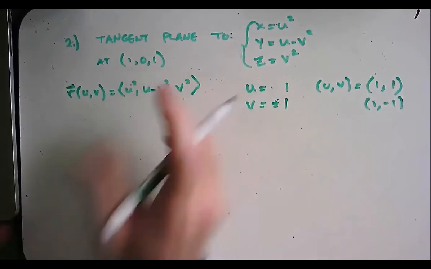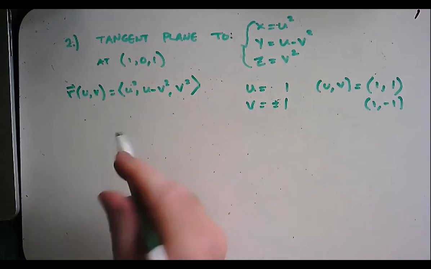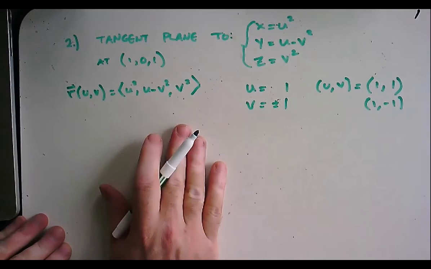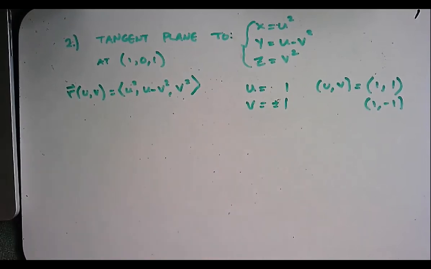And so our general strategy to find this tangent plane is going to be to go to that point, find two tangent vectors at that point and take their cross product, which would give us a normal vector, and then use the normal vector to create the equation for our tangent plane. So we need two tangent vectors at that point, and the easiest way to do that would be to take partial derivatives in the direction of u and the direction of v.